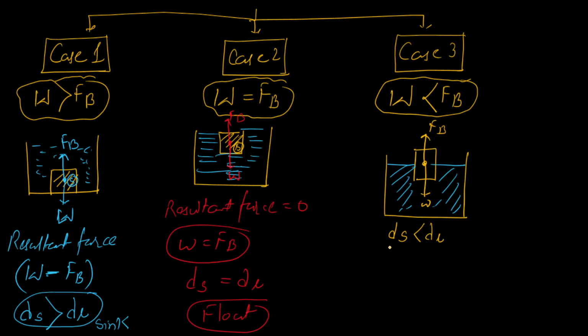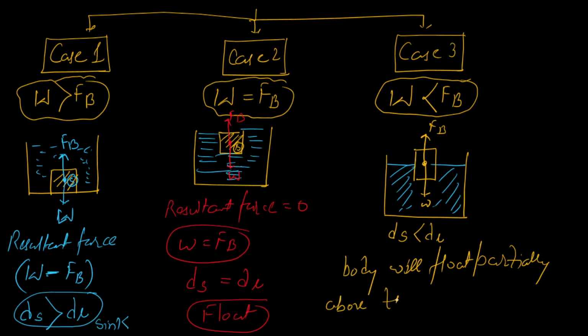But whenever the density of solid is very light in comparison to the density of a liquid, that situation will occur. That means what? Body will float partially above the surface of liquid, okay?